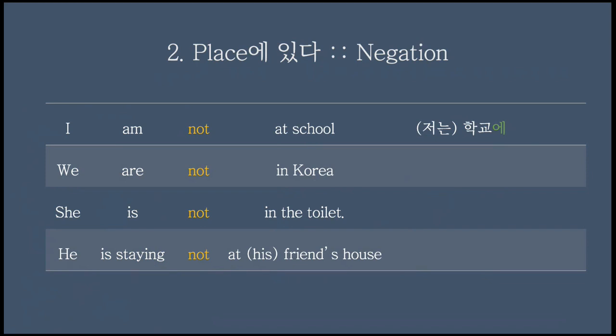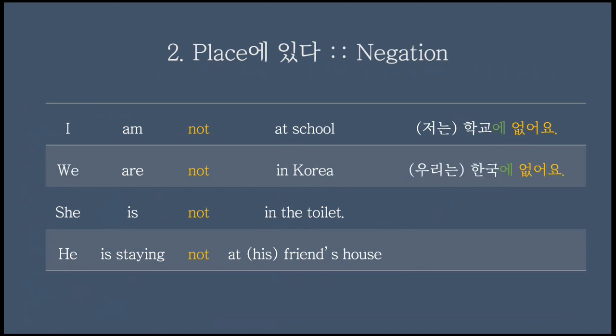If you said 저는 학교에 안 있어요, you're half correct because there is a more correct phrase. What is it? 없어요. Why? 없다 is the opposite word from 있다, isn't it? 있다, 없다. 자, second one, we are not in Korea. 한국에 없어요.